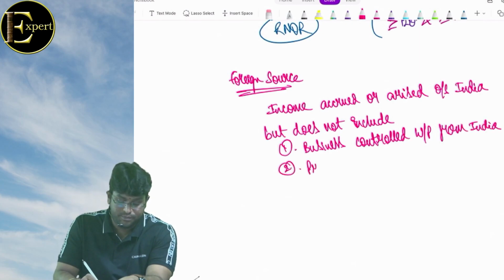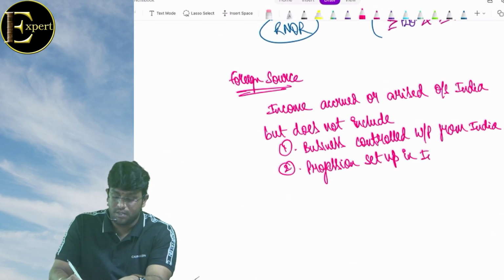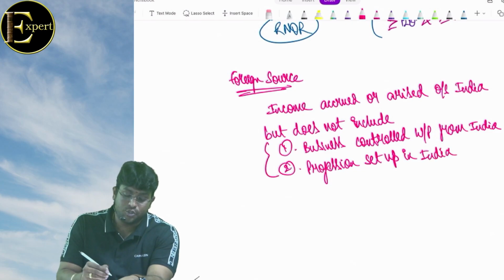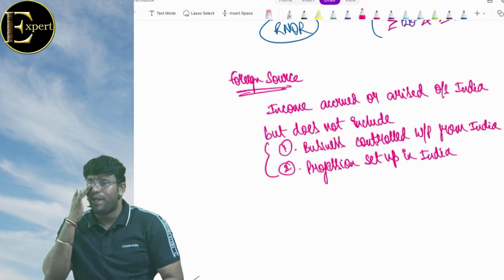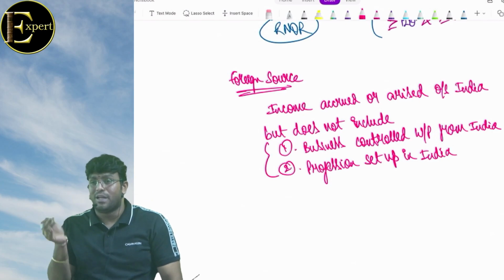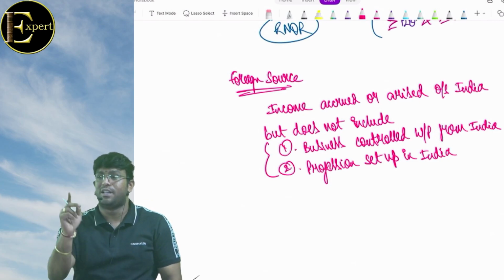Number two, profession set up in India. These two are not included. When I say these two are not included, that means these two are included for calculating 15 lakhs.